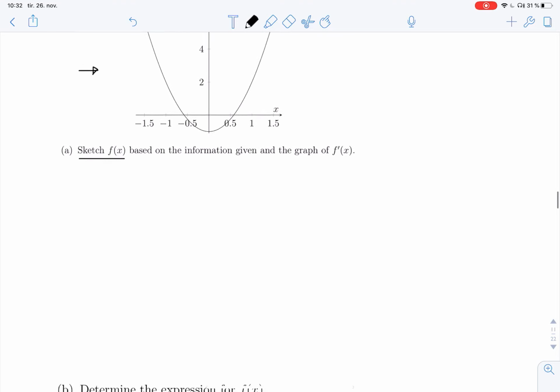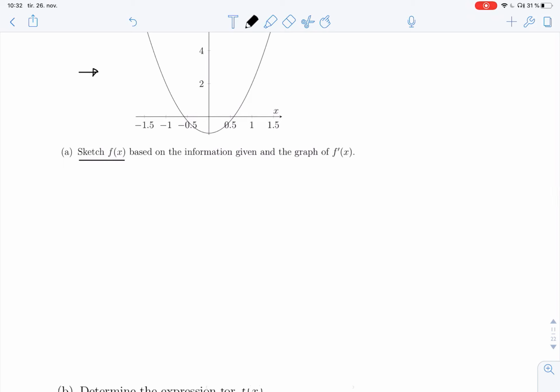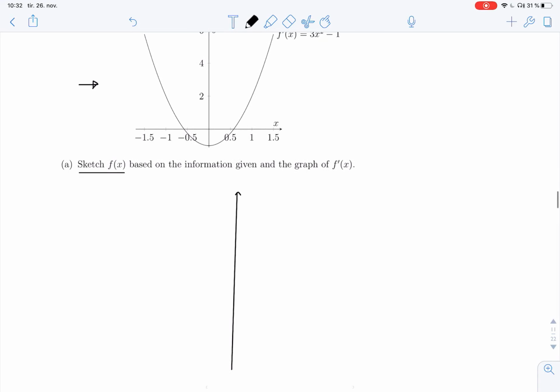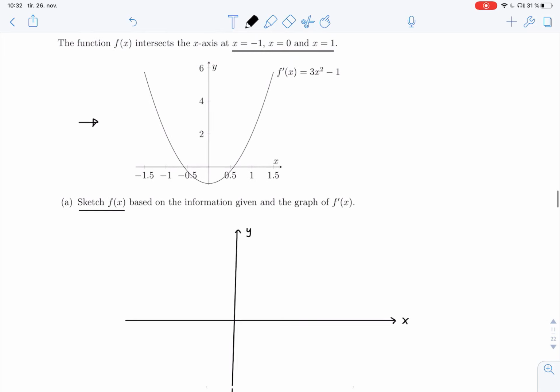Okay, here we are given sufficient information to make a simple graph. Let's see, so we have x here, we have y, and it intersects the x-axis at x equals 0.